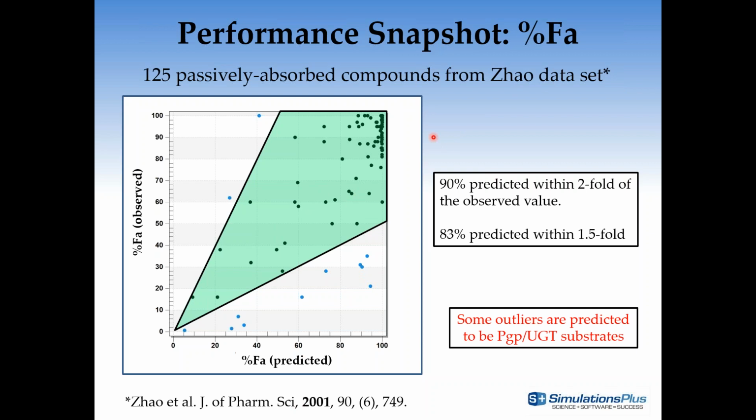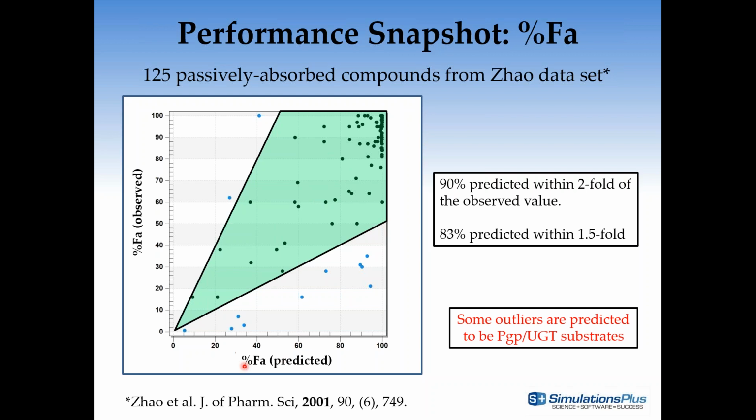We have made some improvements to the simulation. We have corrected some errors that we discovered in this particular data set. Of course, I mentioned that we have made improvements to the plasma protein binding model as well. So overall, the performance is a little bit better now.